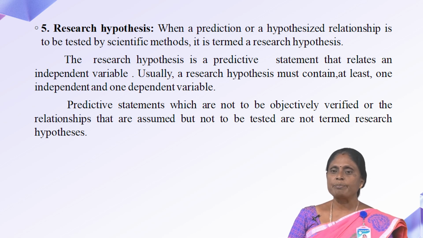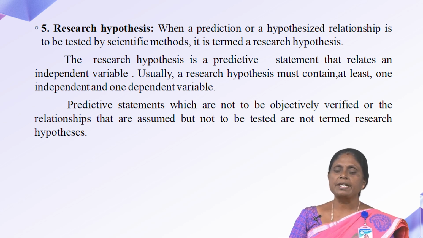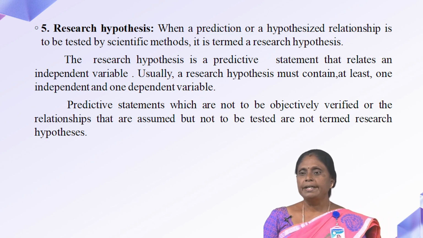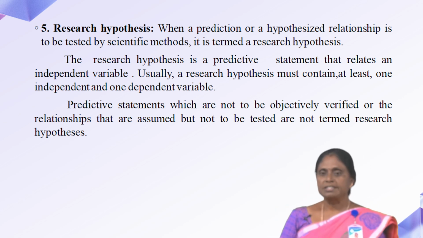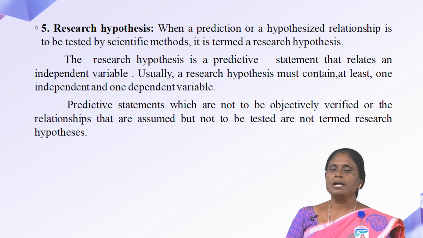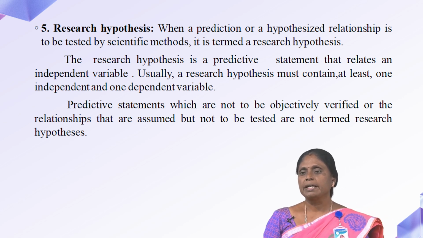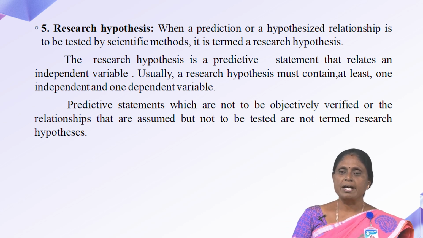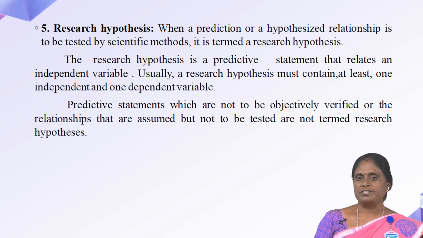Usually, the research hypothesis must contain at least one independent and one dependent variable. Predictive statements which are not to be objectively verified, or relationships that are assumed but not to be tested, are not termed research hypotheses.